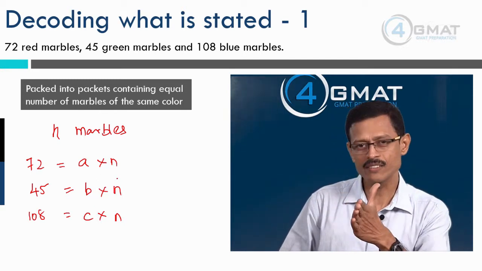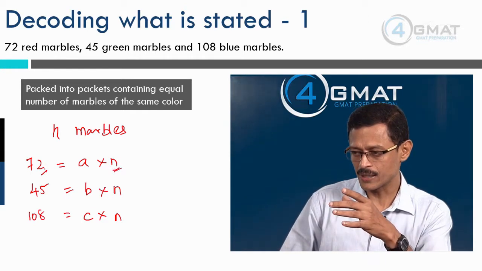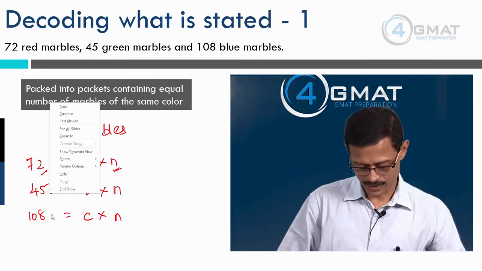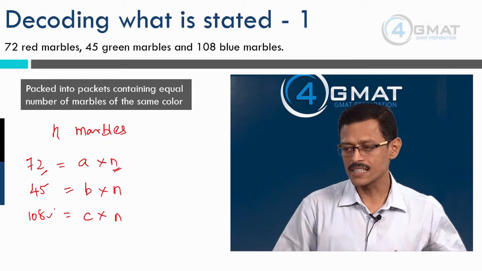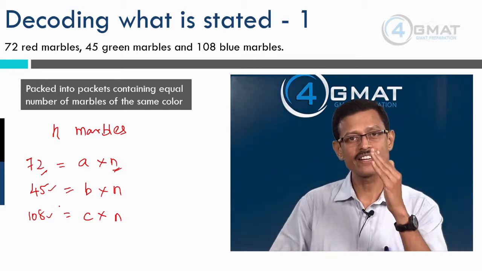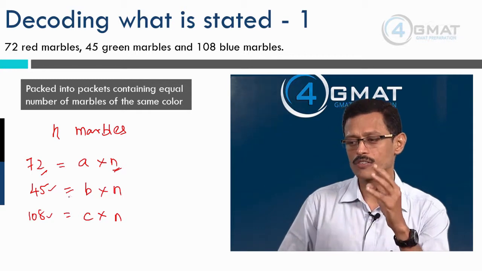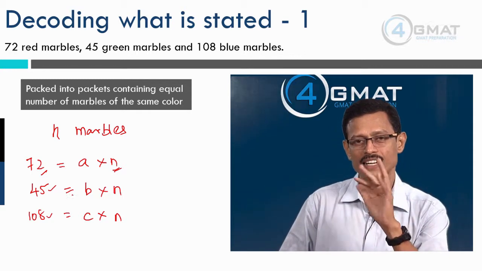Let's quickly look at these three equations. We realize that n is a number that's going to divide 72, n is a number that's going to divide 45, and n is a number that's going to divide 108. So n is a number which is basically a divisor of 45, 108 and 72, which means n is a factor of 72, is a factor of 45 and is a factor of 108.